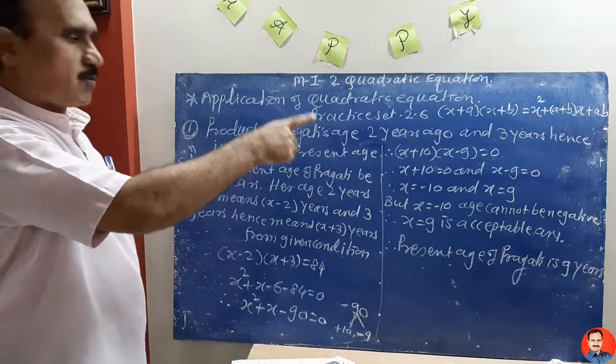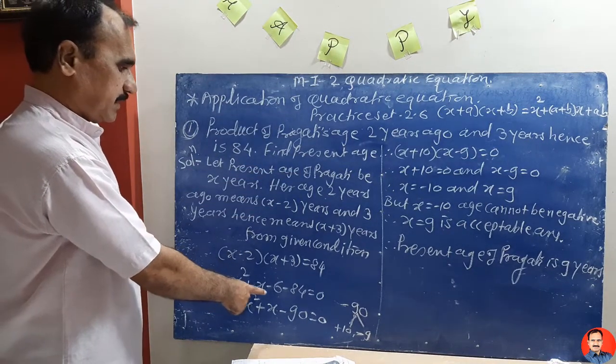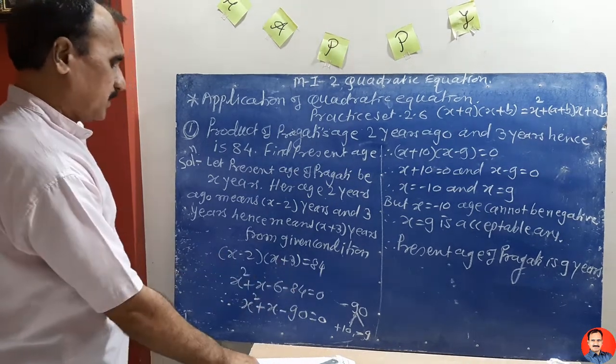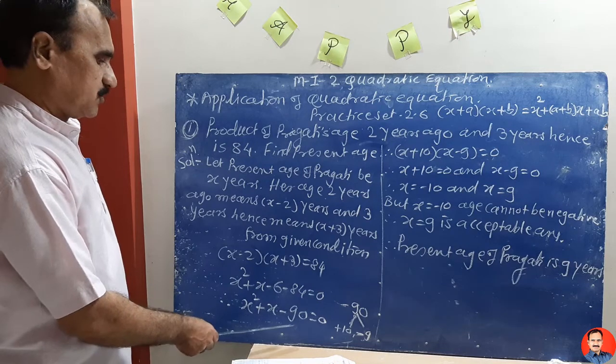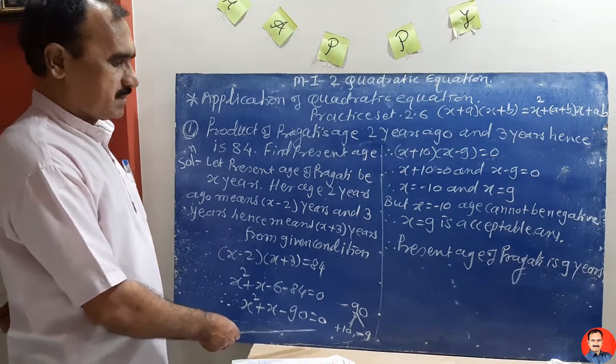With the help of this formula, we can write direct multiplication here. X square plus x minus 6 minus 84 is equal to 0. Here minus 6 and minus 84 is minus 90. That means x square plus x minus 90 is equal to 0.